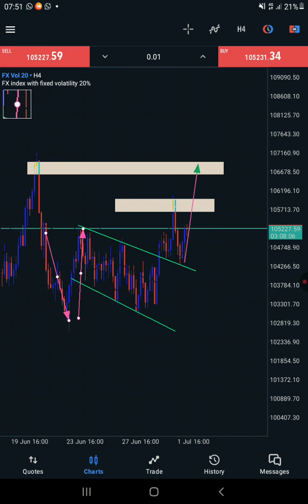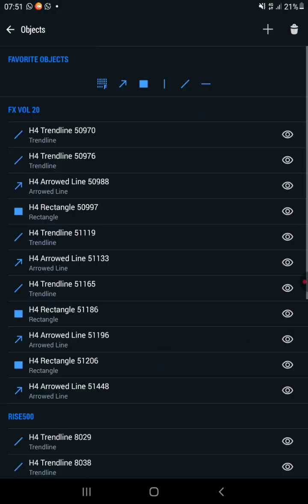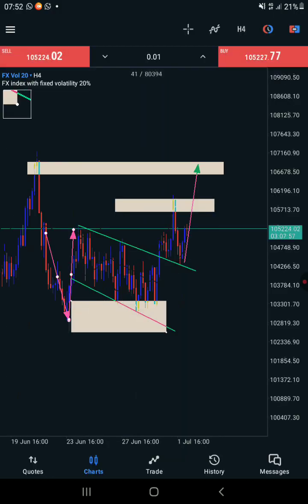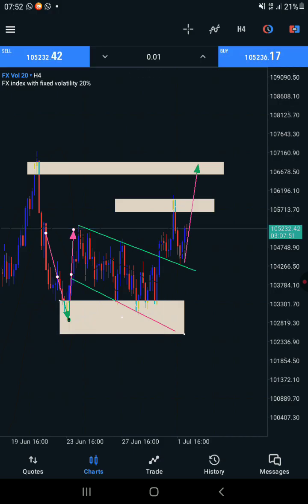All right, so we have a drop base rally. This, our base here, acts as a magnet. Then we stretch it to the right. That's where we want to see price coming back to our trend line, entering into the zone.